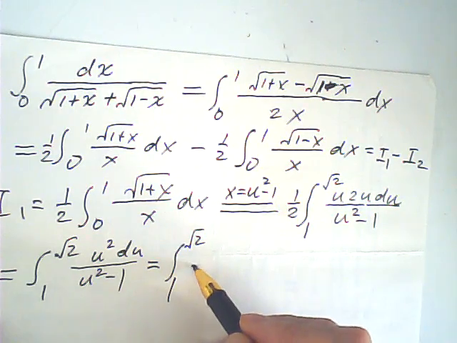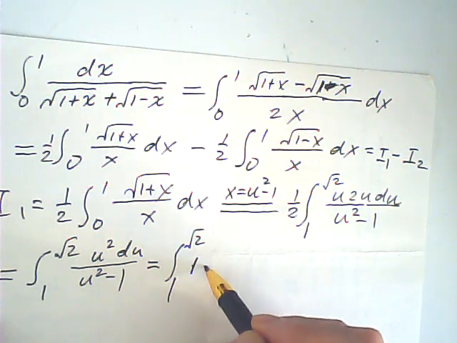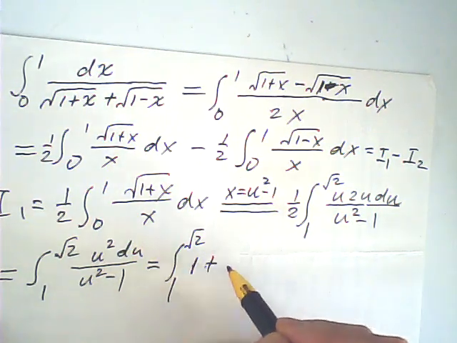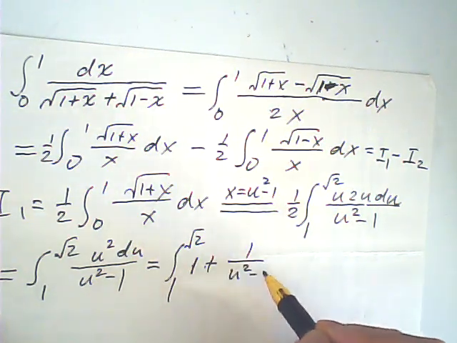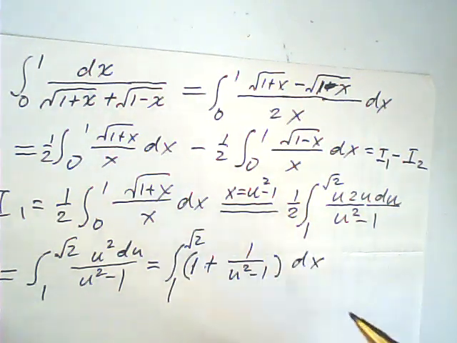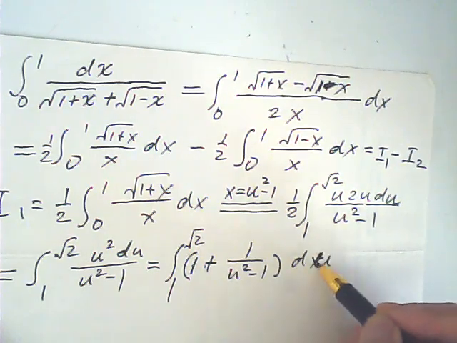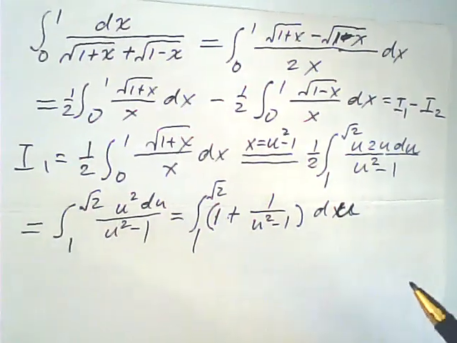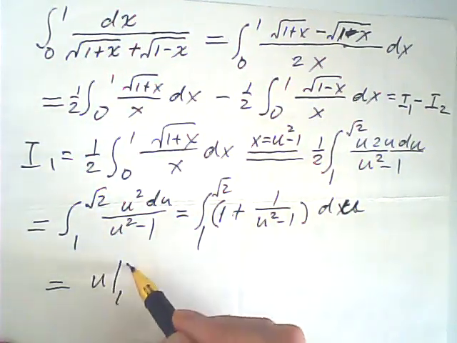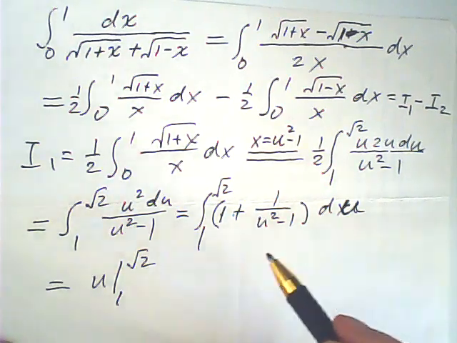So it becomes 1 plus 1 over u squared minus 1 du. Yeah, this integral is easy. This one is equal to u from 1 to root 2.